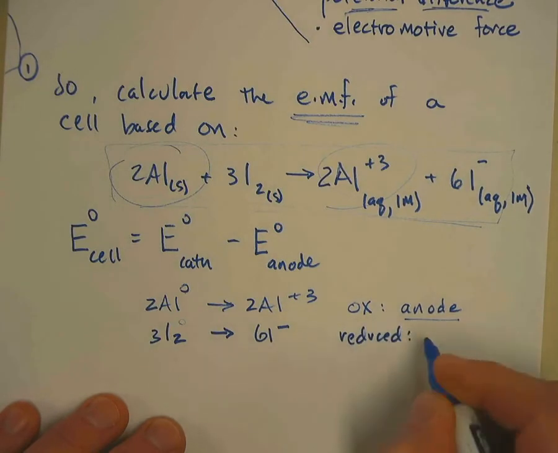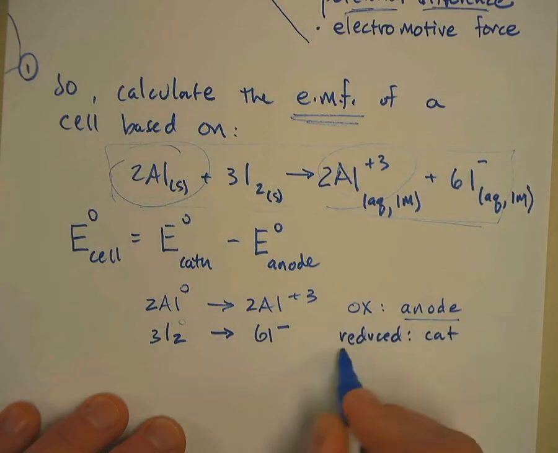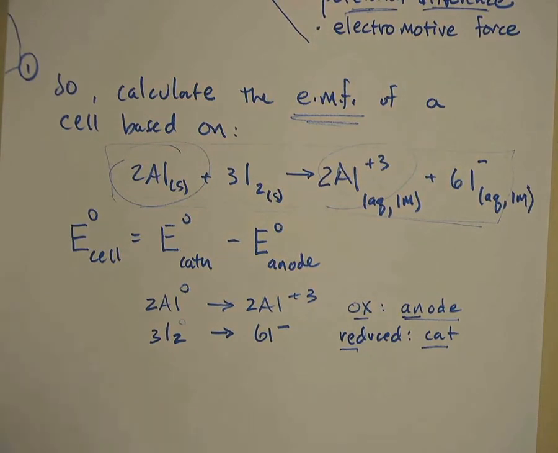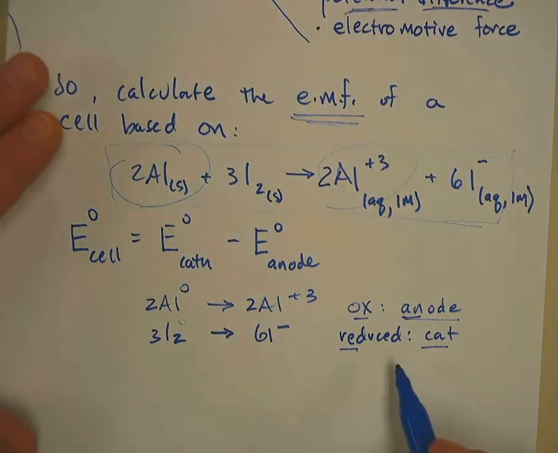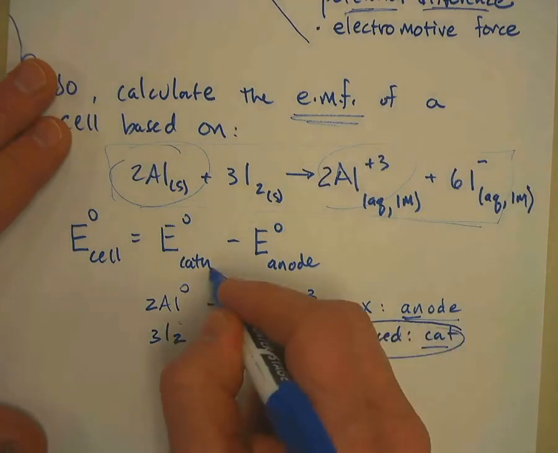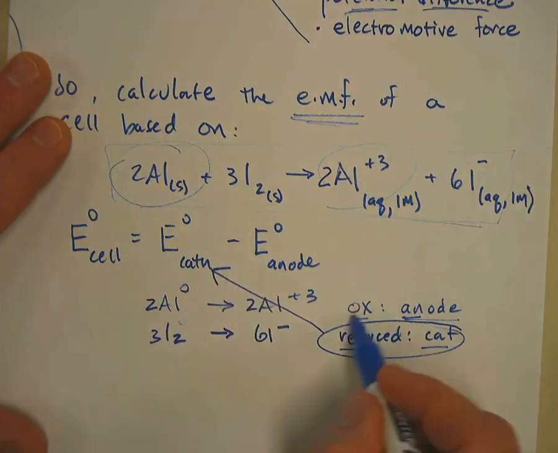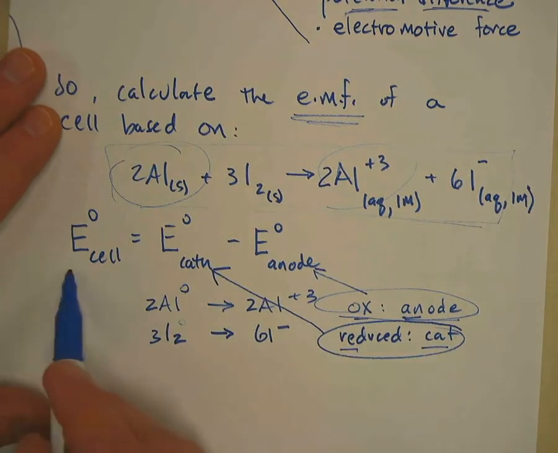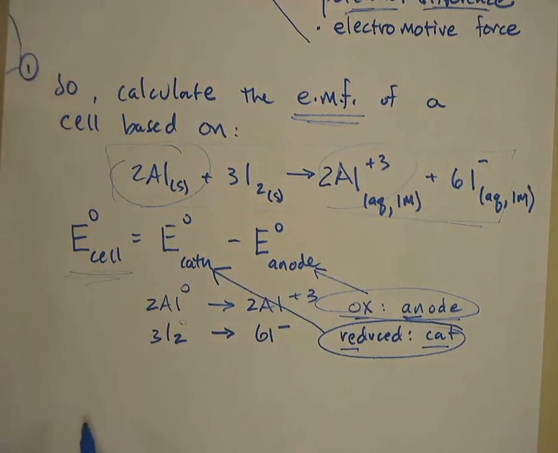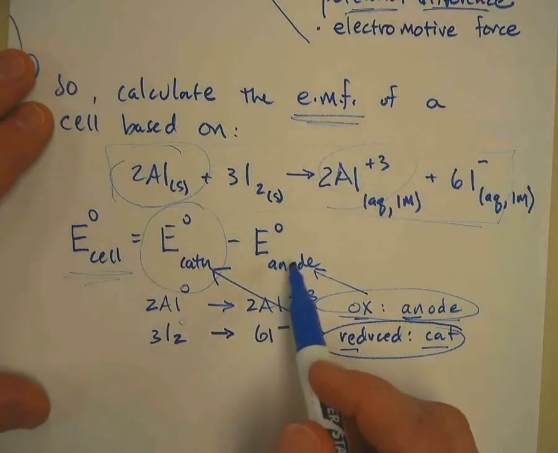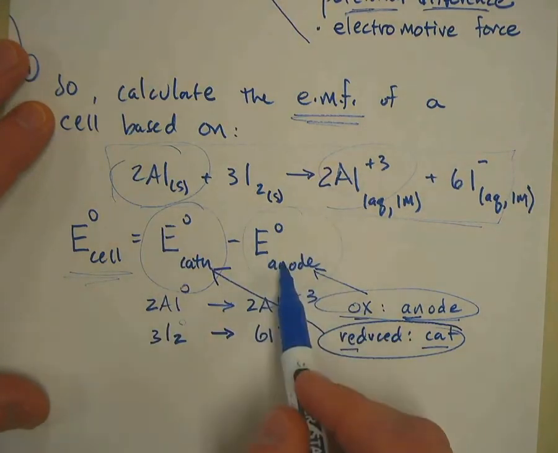And remember, the thing that's reduced is the cathode: red cat, an ox. The thing that's reduced, the cathode, goes first here in the equation. The thing that's oxidized goes right here as the anode of the E cell equation, or the EMF of the cell.